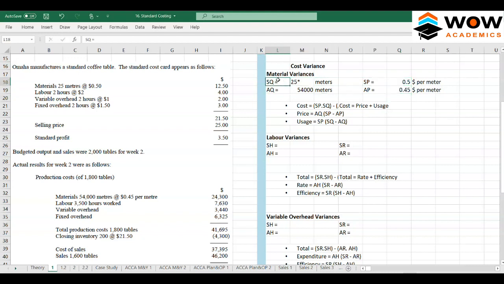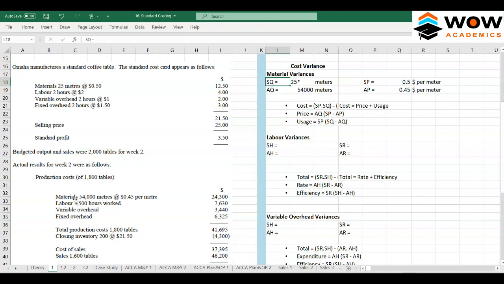See, standard quantity is a very different one. He has given only that one unit will take 25 meters, but how much did they produce actually? You should not multiply 25 meters into the budgeted production. If you do that, that doesn't work. You have to multiply the budgeted per unit into the actual quantity.